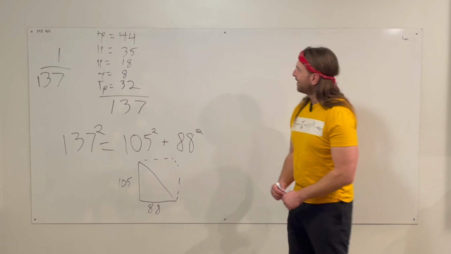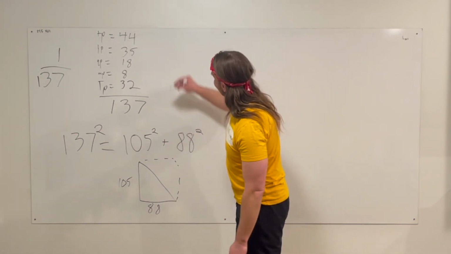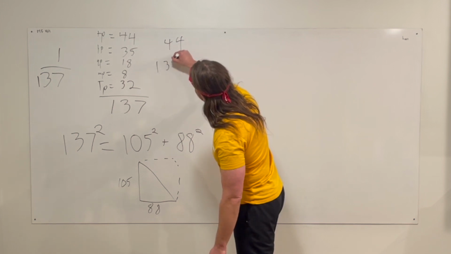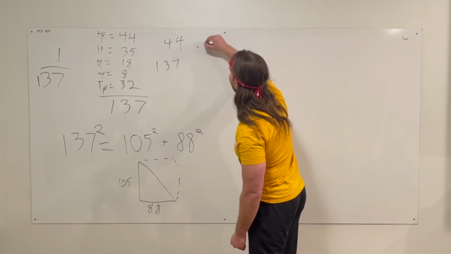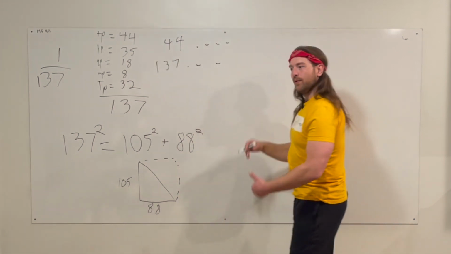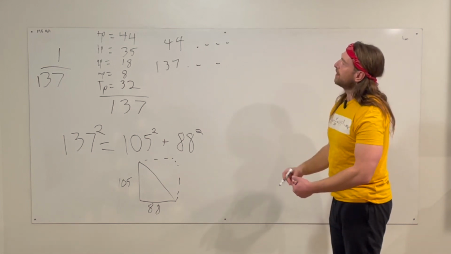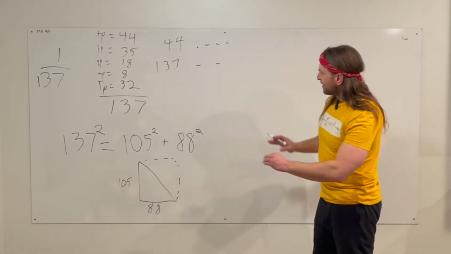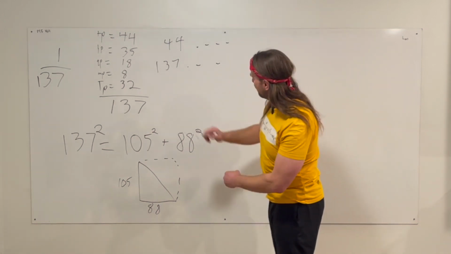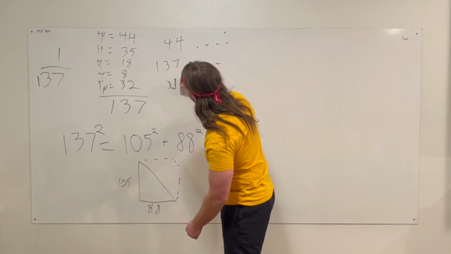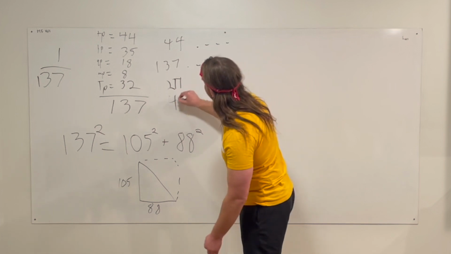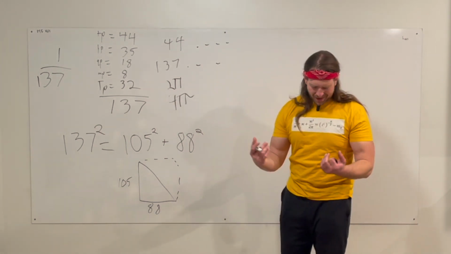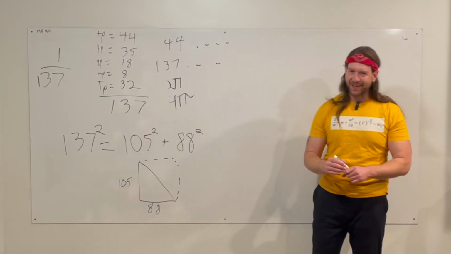I did 44 over 137, and broke all these out so it would add up to 1, and I don't really see anything here. I tried different combinations, multiplying by 2 pi or 4 pi, and I'd see some things, but nothing really that interesting.